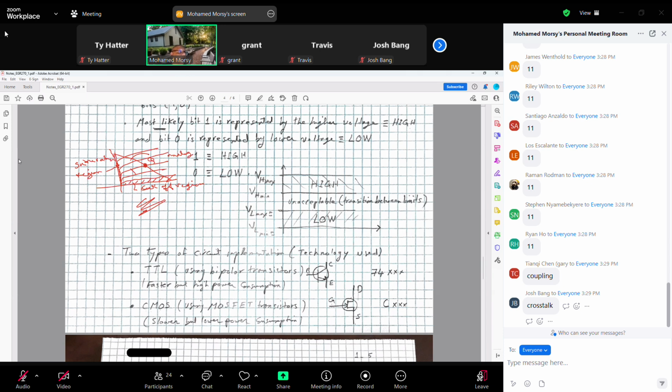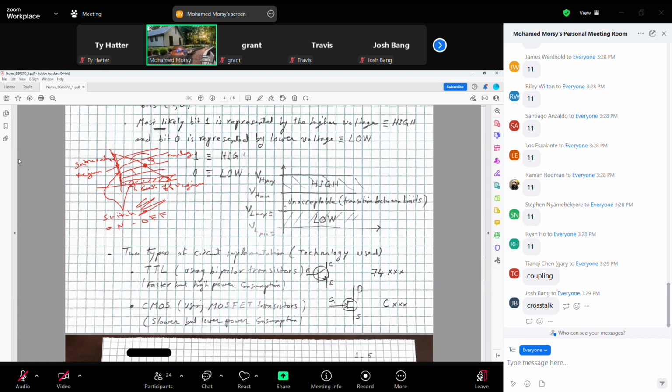If the operating point jumps between the cutoff and the saturation, the transistor works as a switch, as we mentioned, on or off. On in the saturation, the Q point jumps here. Off, the Q point jumps here.